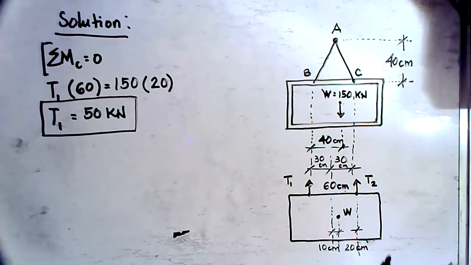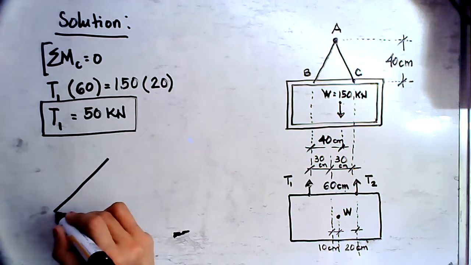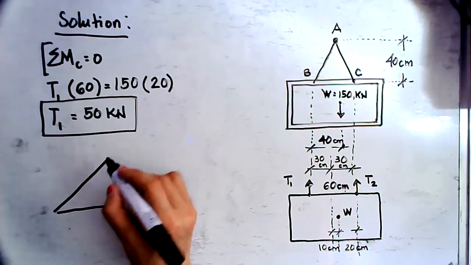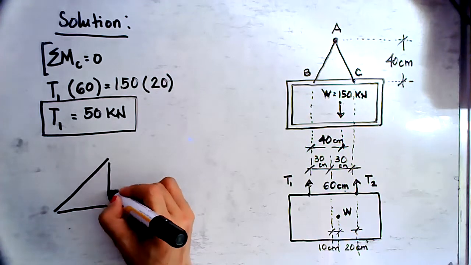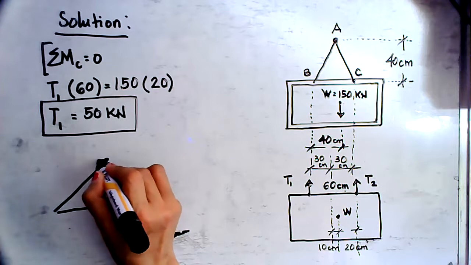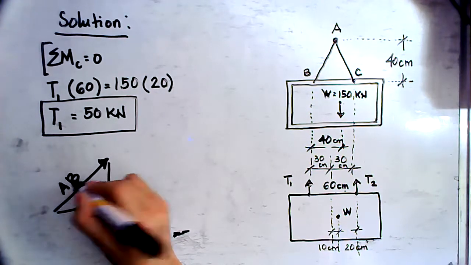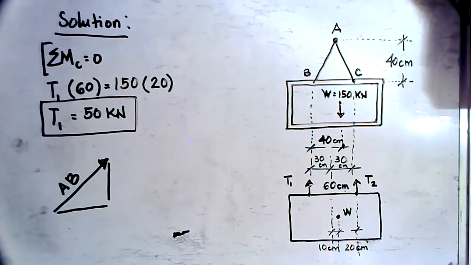But the question here is the tension in the cord AB. So if you are going to represent by the free body diagram the tension in cord AB, let us draw the polygon method. Let us represent this as the tension in cord AB.